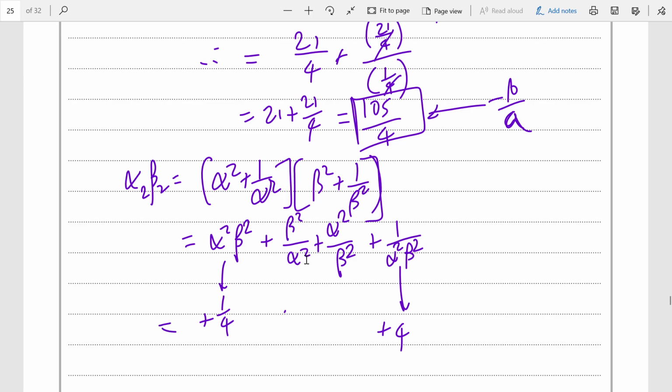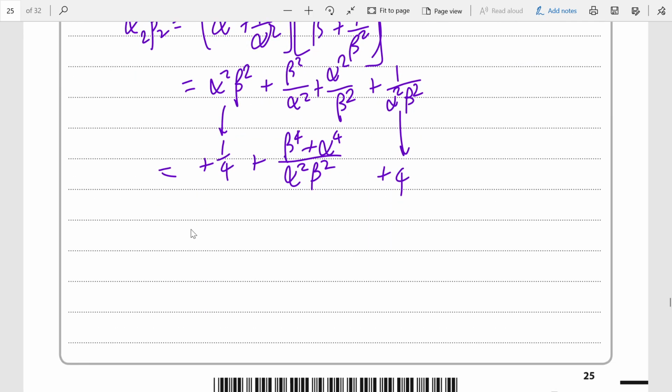So I think we'll have to multiply both sides of this by beta squared, multiply both sides of this by alpha squared to get, in fact, the expression that I predicted would come up, which would be beta to the 4 plus alpha to the 4 over alpha squared beta squared. And that's how we get our fraction here.